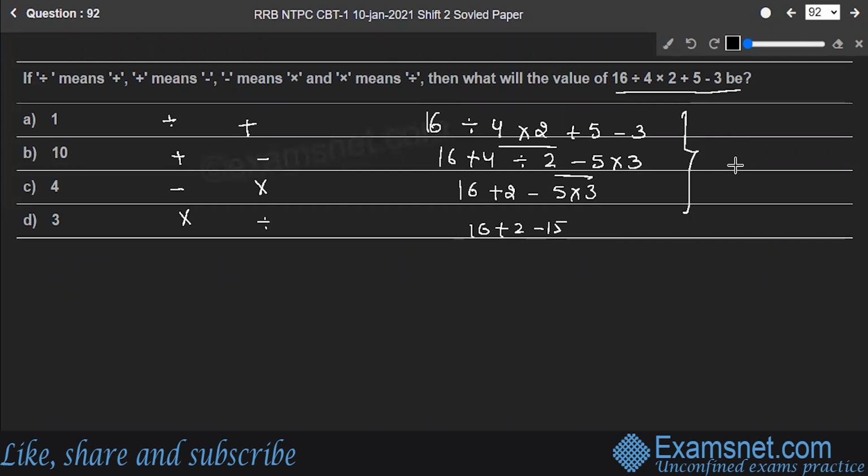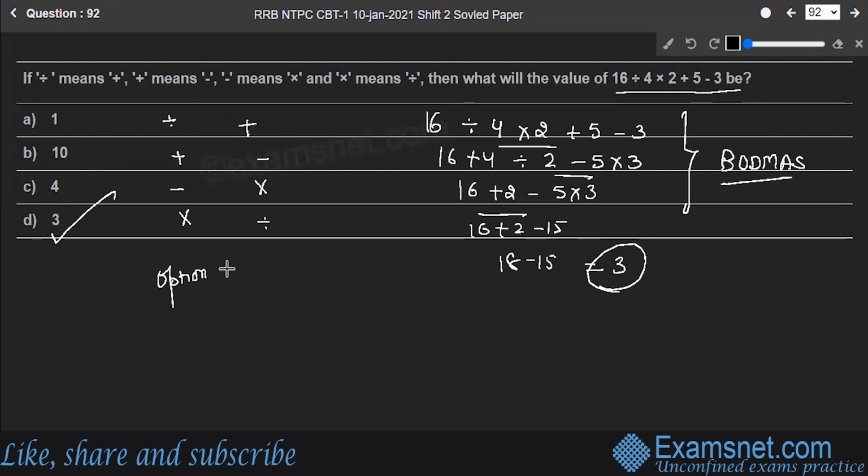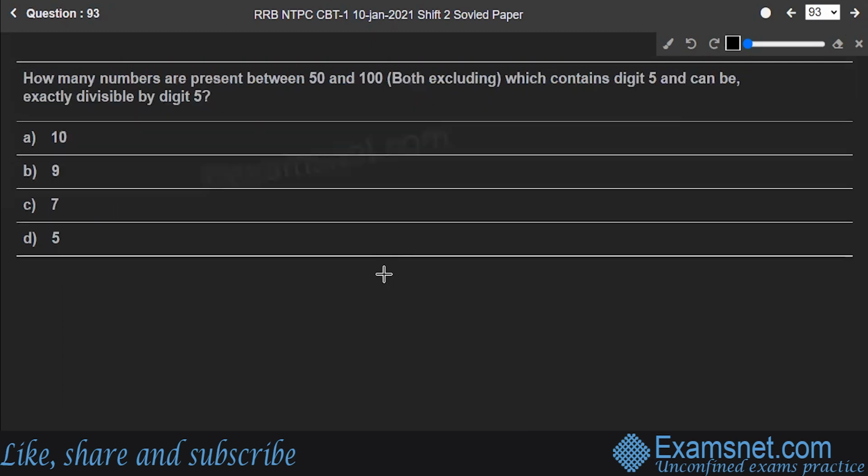I hope you already know that I'm using the BODMAS rule over here. Right? BODMAS rule is being used. So next is 16 plus 2 is 18 minus 15. The answer is got to be 3. So I have option D as the correct answer to the question. Hope you understood this. Next is question number 93.